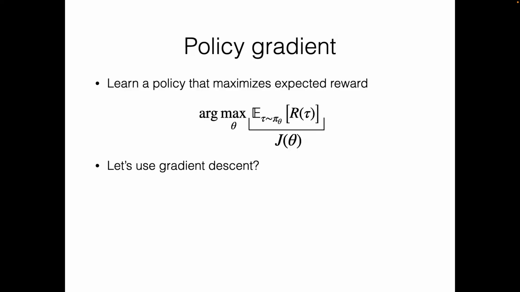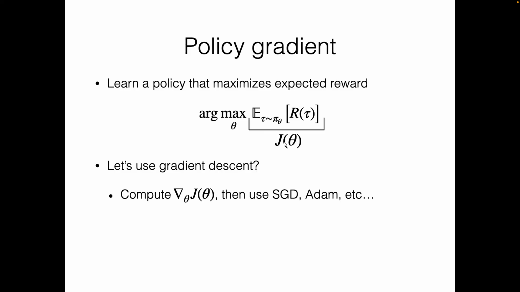In this class, we've talked about using gradient descent. Given some objective or loss function, we would take the gradient of the objective with respect to the parameters of the model, and then we can use an algorithm like SGD or Adam or something like that. So the question is, can you do this for reinforcement learning?